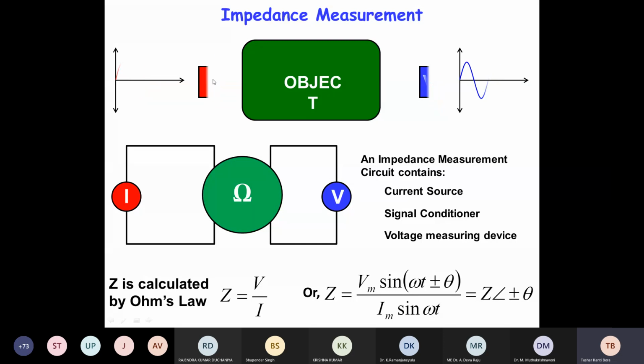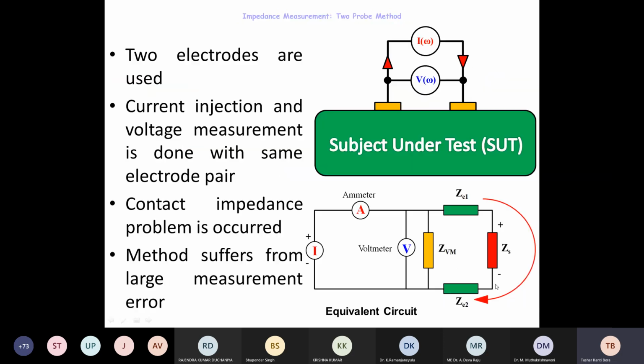Now whenever it passes through the material and develops some potential, depending on the material property, that is, whether the material has some resistive, capacitive or inductive component, or a combination of them, accordingly a phase angle will be developed, and that phase angle will be either positive or negative depending on the material's dominating property, either capacitive or inductive. So this voltage will be developed, and that voltage will be found again in the form Vm sin omega t plus or minus theta, and we will get Z as the impedance amplitude with the phase angle plus or minus theta.